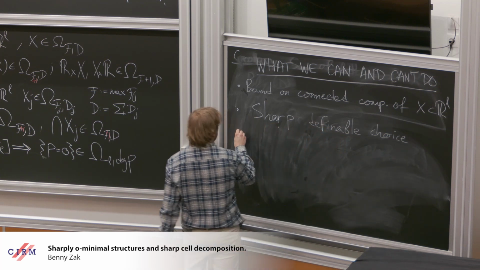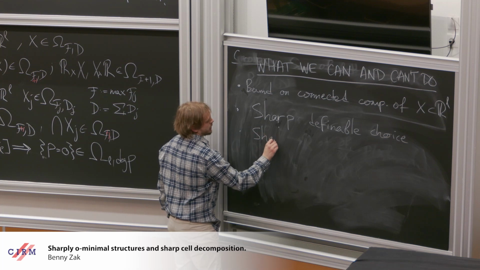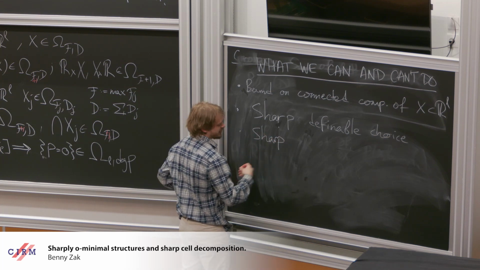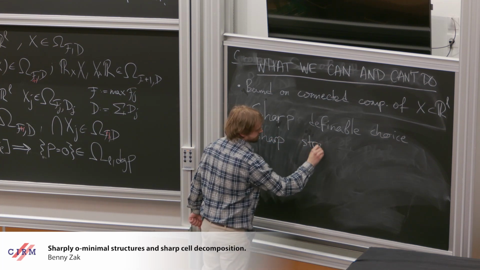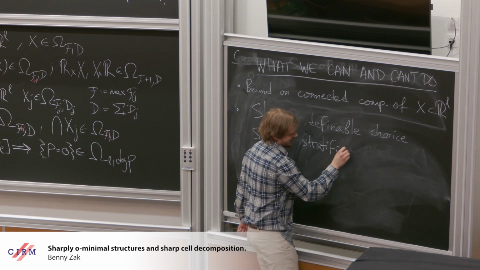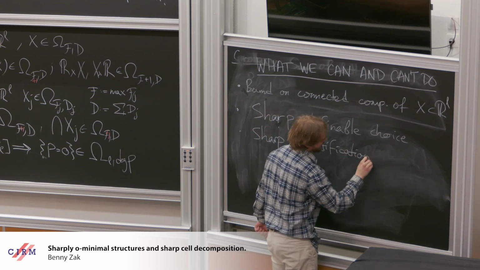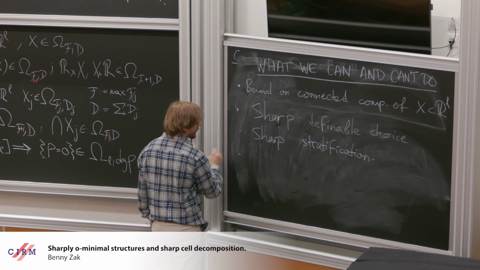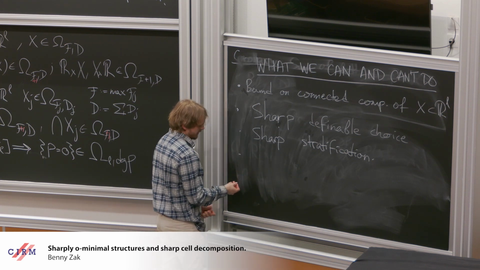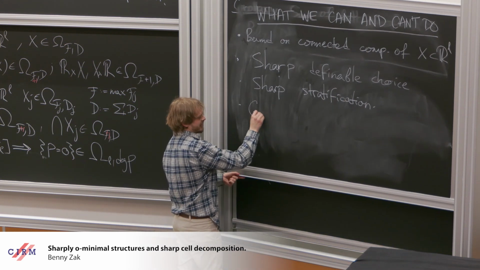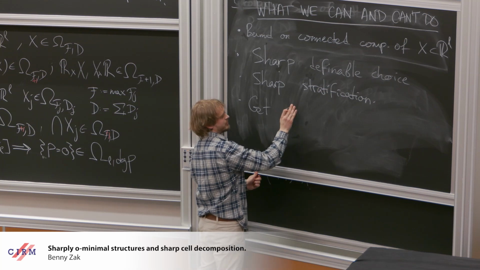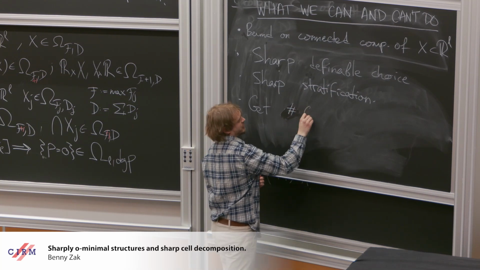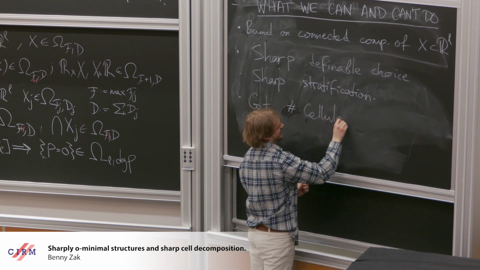And sharp stratification: if you have a set, you can control the number of strata it has. Okay, this is what we can do. But what we can't do is get sharp cellular decomposition, which is the main point of this entire idea.